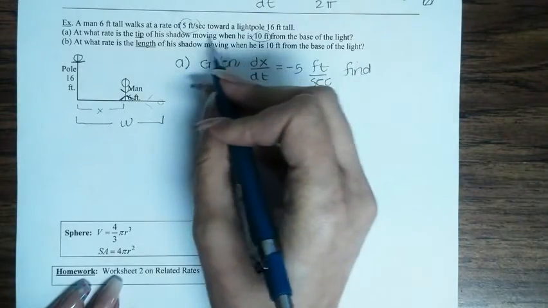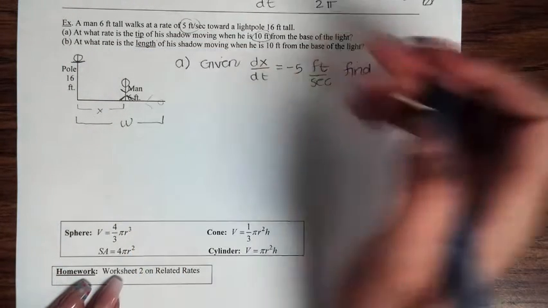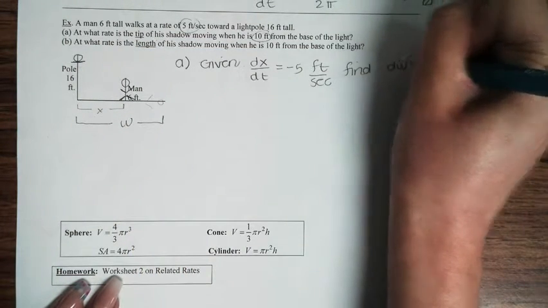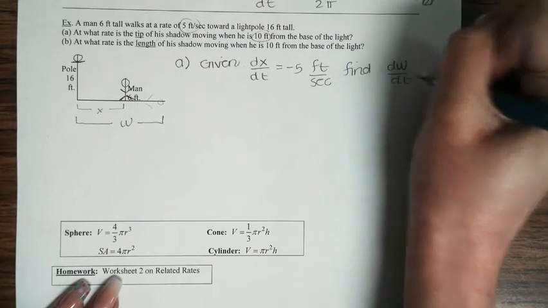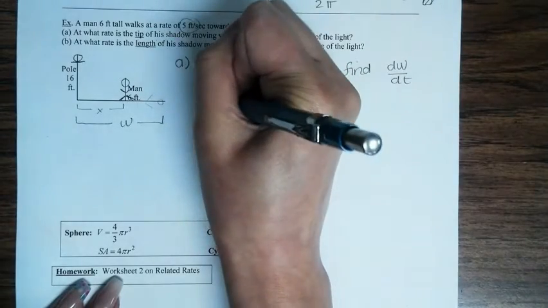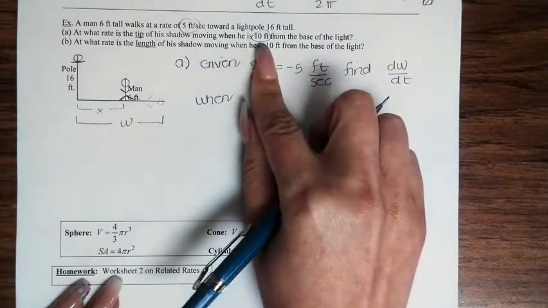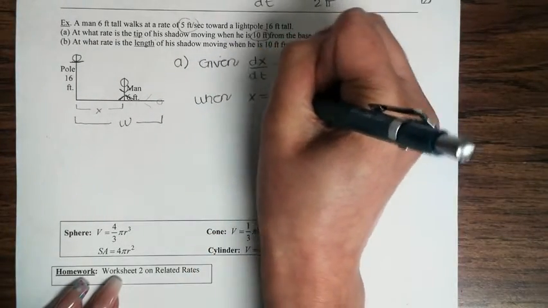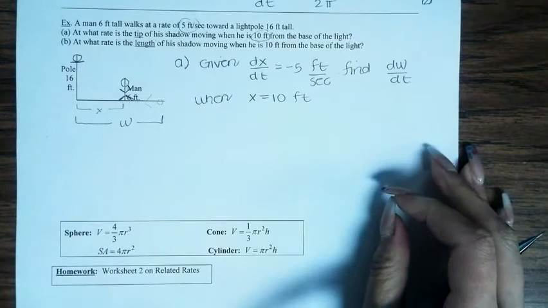According to this, we want to find the tip of the shadow, so dw/dt when the base of the light he is x equals 10 feet. So that's what we want to find for A.